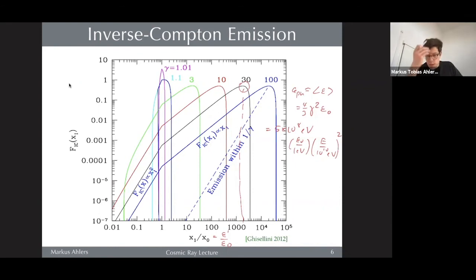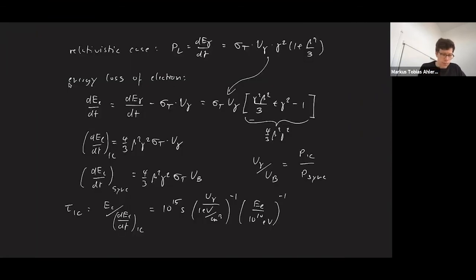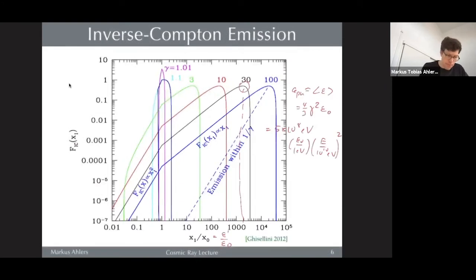What you can also see here is similar to the case of synchrotron emission. You can approximate the emission of individual electrons by a characteristic energy. So if you're looking for the emission of a population of particles, this is completely analogous to the case of synchrotron emission.